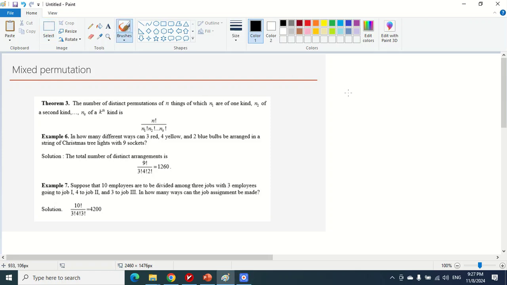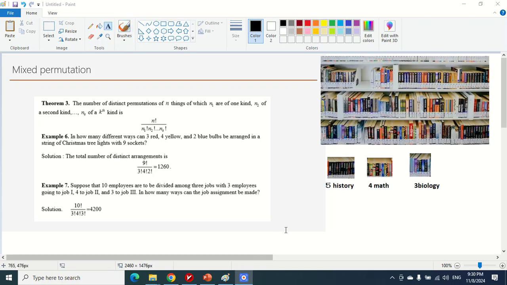Let us consider some books that we shelve in a library. So for instance, let us take a look at these books. I just put the shape of the books over here. Assume that we have 5 historical books, 4 math books, and 3 biological books, and we want to shelve them in 1 row. In how many ways can we shelve them? That's the question.